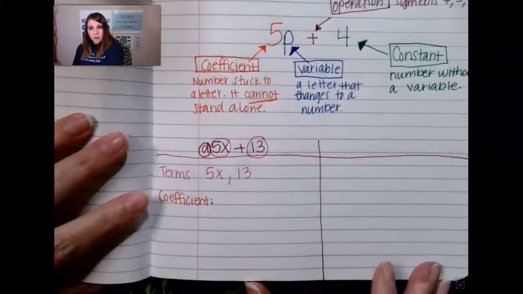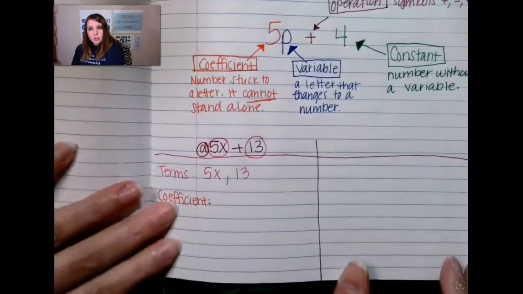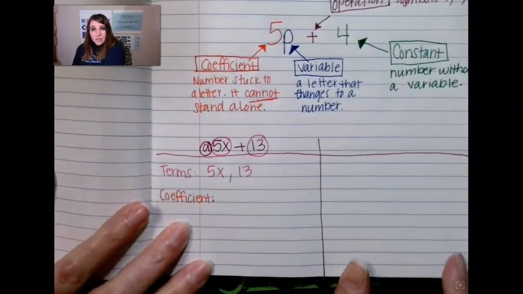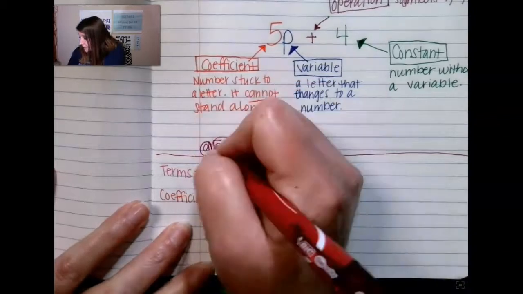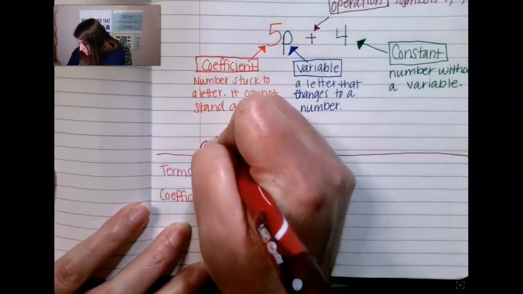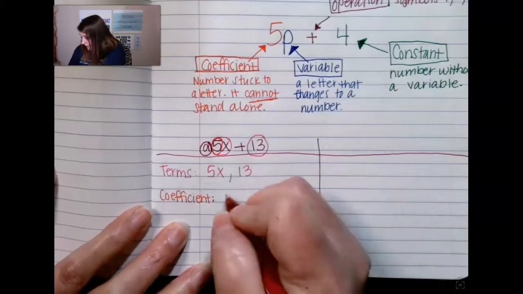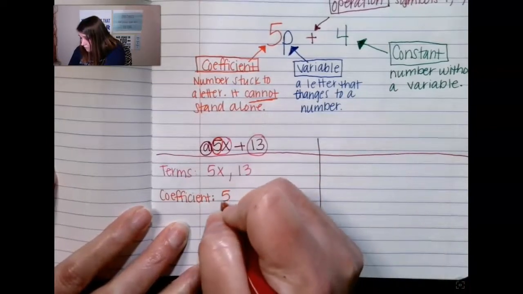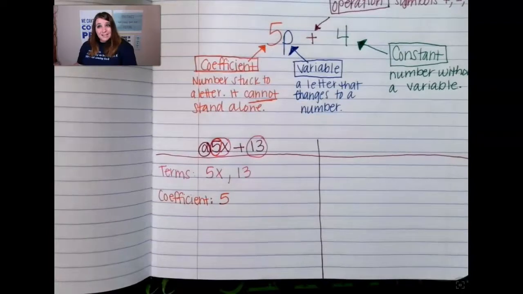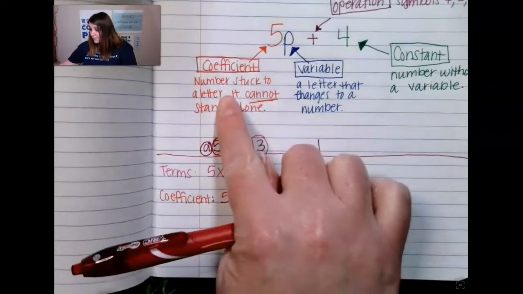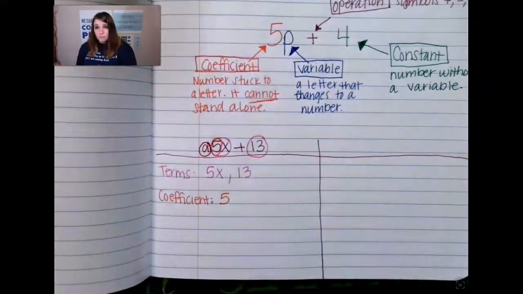It's stuck to a variable. It is the number 5. So the coefficient that we have there is the number 5. It cannot stand alone. It has to be stuck to a variable.